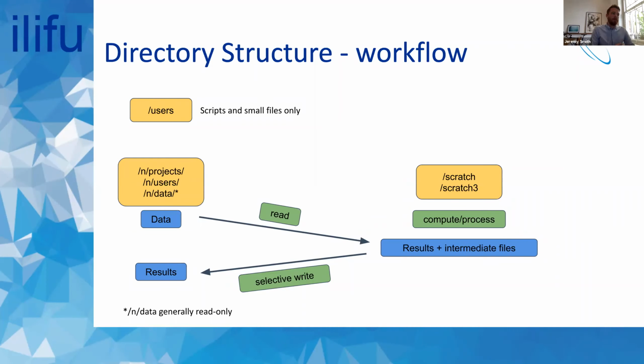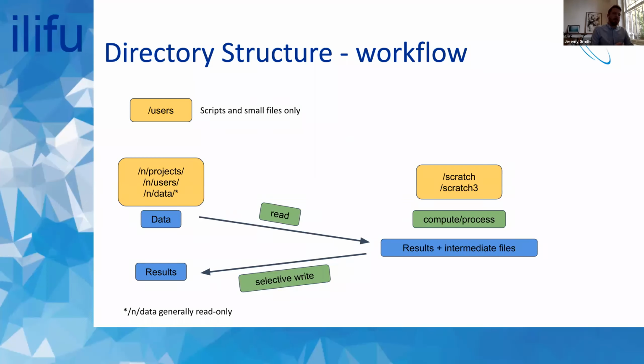So a general workflow is that you run your processes or jobs on the facility, and they write output results and intermediate files onto Scratch 3. They read the data from the project folders and write output onto Scratch 3.